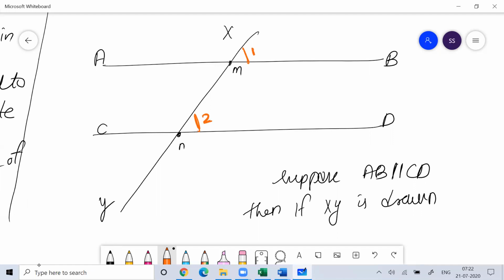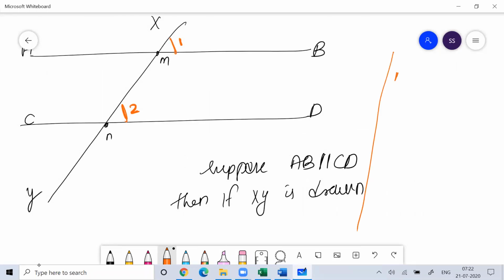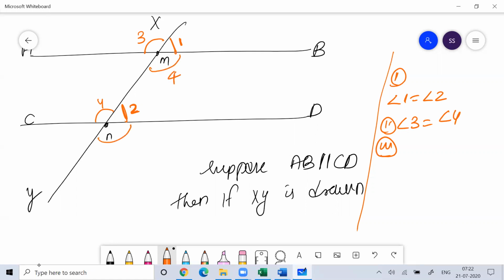Angle 1 will be equal to angle 2, angle 3 will be equal to angle 4, angle 5 will be equal to angle 6, and angle 7 will be equal to angle 8.